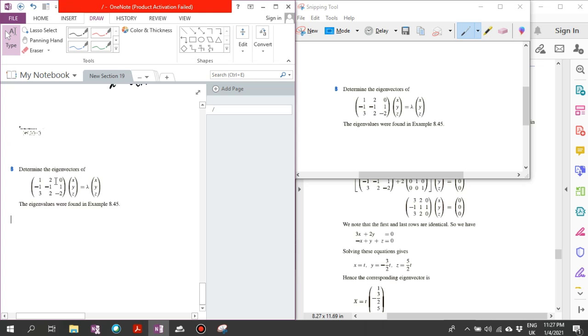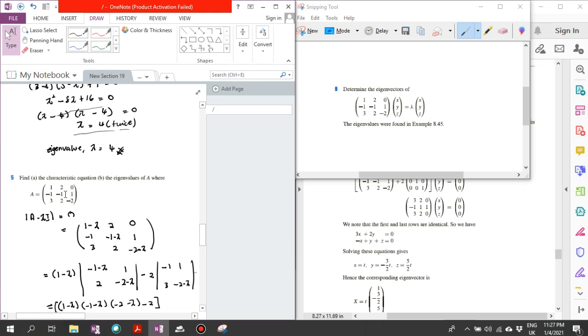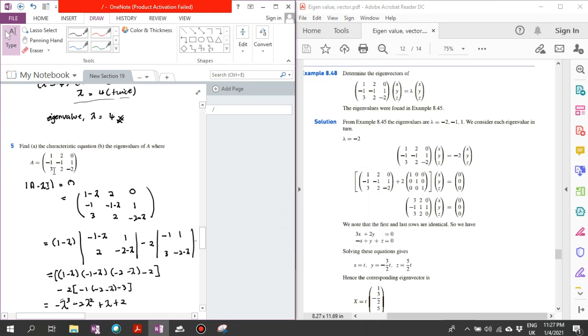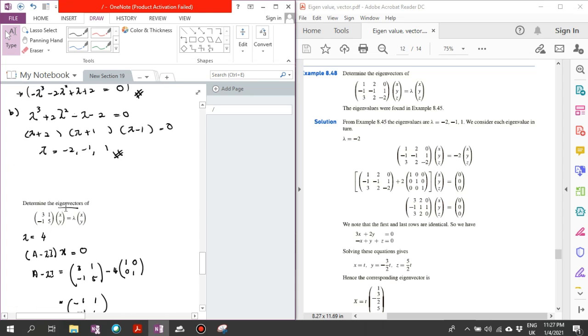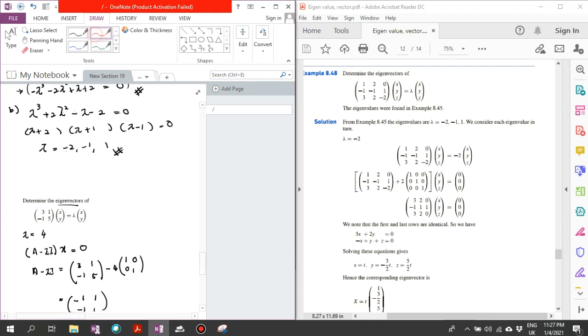If you notice, previously I taught you how to calculate the eigenvalues of this equation. From here we get our lambda. We have 3 values of lambda here. Your eigenvalues will be -1, -2 and 1.